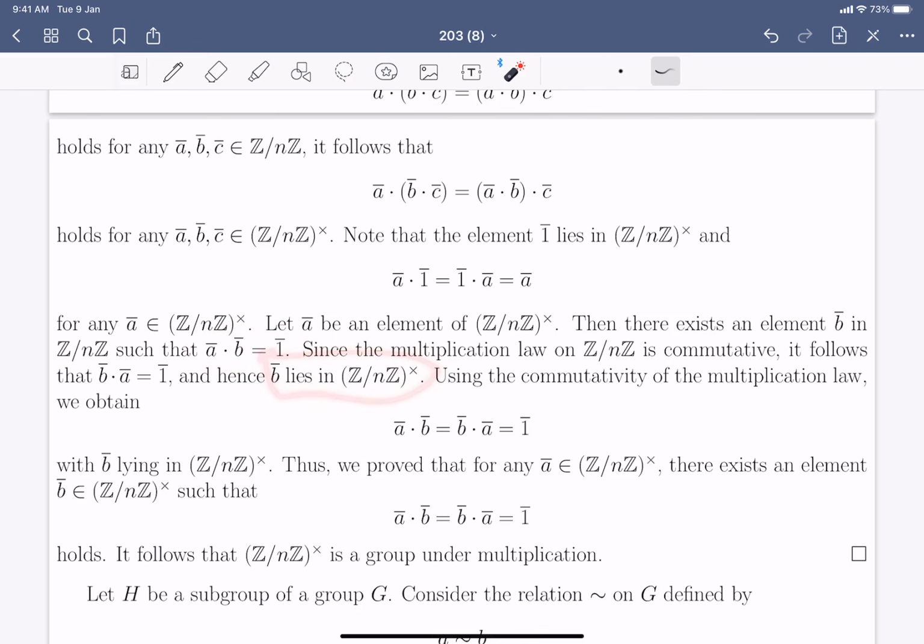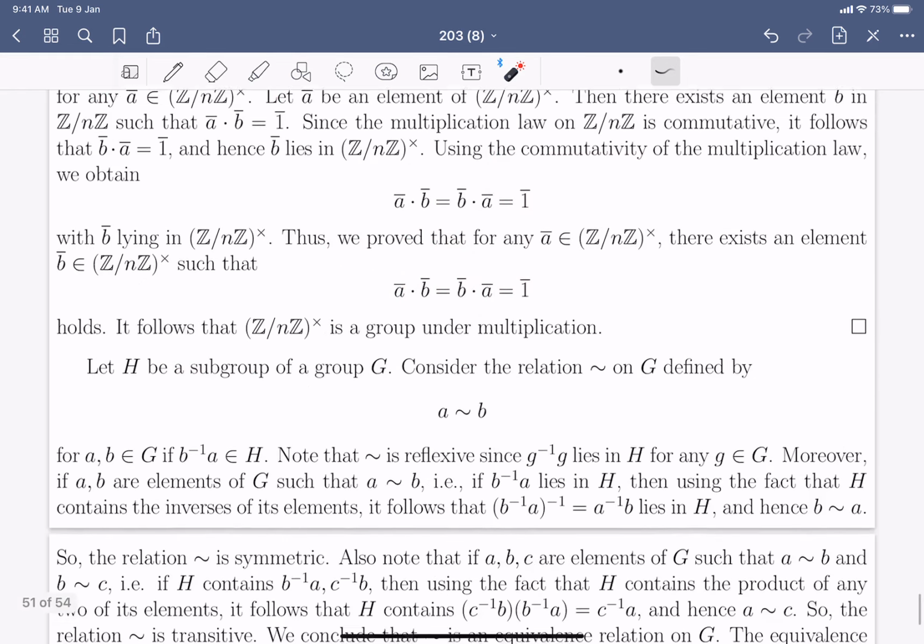We had that a bar times b bar is 1 bar, and we need to show that something times a bar also gives you 1. That we have already seen once again here. So you have that a bar times something, and then something times a bar is equal to 1 bar, where the element 1 bar of Z mod n Z cross had the property that a bar times 1 bar is 1 bar times a bar is equal to a bar for any a bar inside Z mod n Z cross.